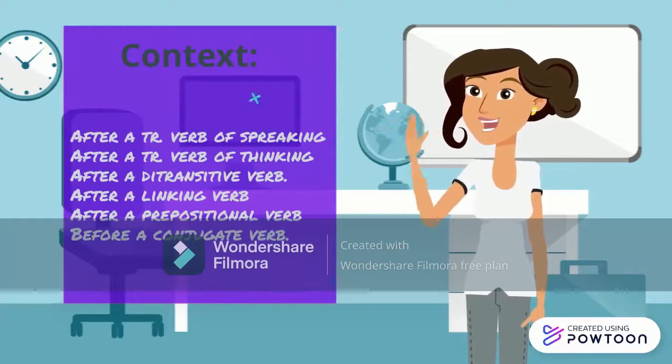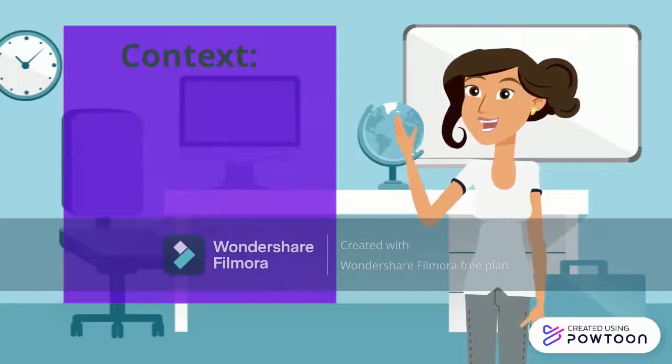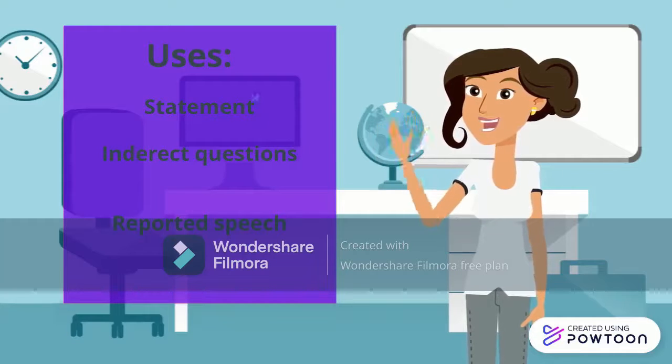We can find them in different contexts, such as after a transitive verb of speaking or thinking, after a linking verb or a prepositional verb, or before a conjugated verb. They have different uses as statement, indirect questions, or reported speech.